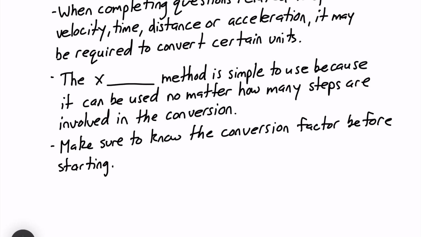So the time sign line method is simple to use because it can be used no matter how many steps are involved in the conversion. So it doesn't matter if it's a 1-step, maybe it's a 2-step, possibly a 3-step conversion. You can use the time sign line method. And just before you begin, make sure to know any conversion factors that you may need.